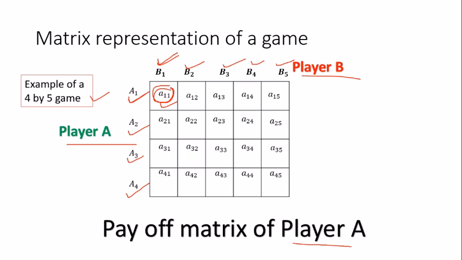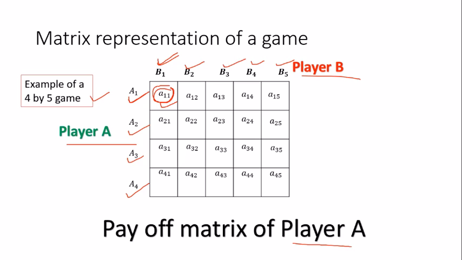Why is that so? Because the other is not required, because it's a zero-sum game. Whatever is gained by one of the players is lost by the other, so you don't need to know the payoff of the other person. It's just the negative of the payoff of this person.